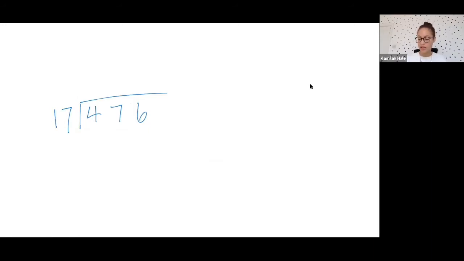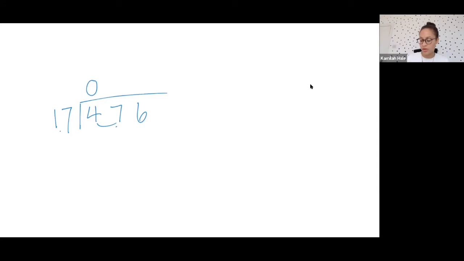So 17's into 4, 0. Now make sure you write the 0 there, by the way, even though it doesn't go in. Still write the 0 because it stops your numbers from getting skew-whiff and in the wrong columns. So we carry the 4 to the 7. 17's into 47. Now we should know double 17, that's 34.